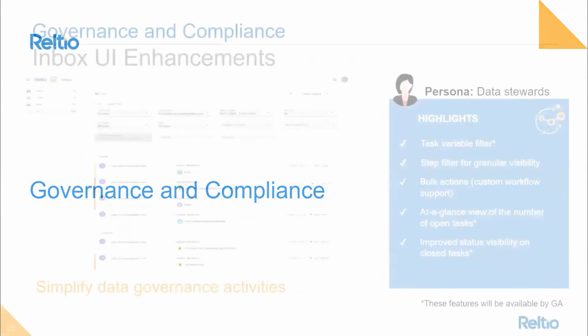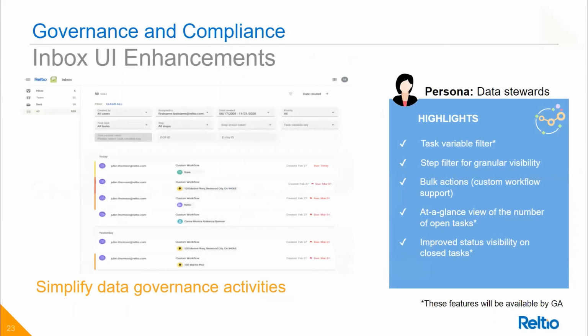Thank you, Prasad. Now, coming to governance and compliance, we are very pleased to announce the release of a list of key functionalities pertaining to Reltio Inbox with 2021.2 GA. Starting with the task variable filter, which gives you the flexibility to configure bespoke filter attributes that are relevant to the workflows deployed in your tenants.